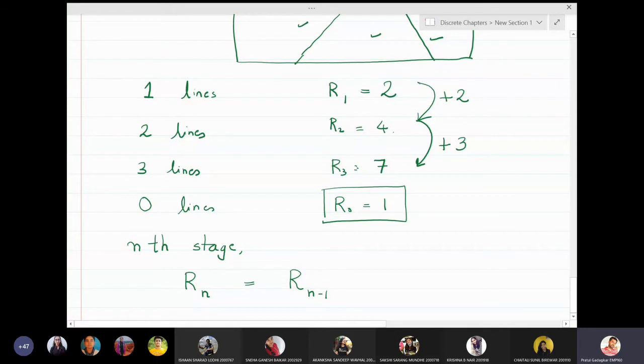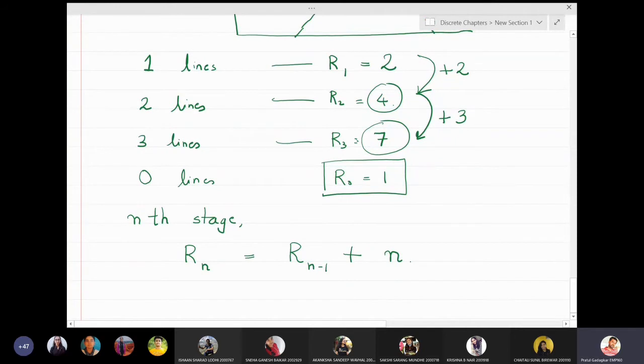So the nth stage answer is nothing but the previous stage answer plus the number of the stage. This is stage 1, this is stage 2, this is stage 3. So if it is the nth stage, then you're going to add n. With R0 equal to 1, because when there was no line there was only one region. So this becomes a recurrence relation.